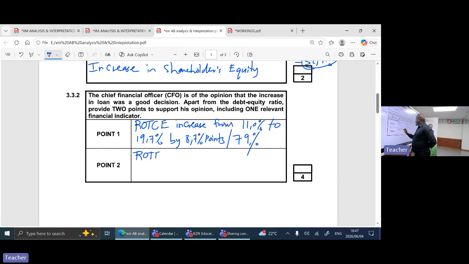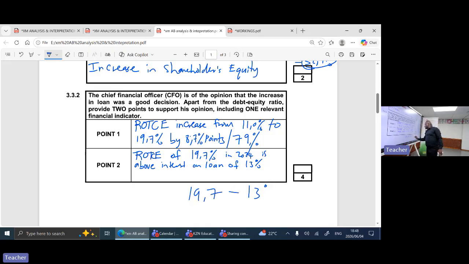So you can say ROTE of 19.7% in 2024 is above interest on loan of 13%. Let's see negative gearing: 19.7 minus 13%. So 19.7, which is the ROTE, minus 13%. I'm getting a positive amount of 6.7%.